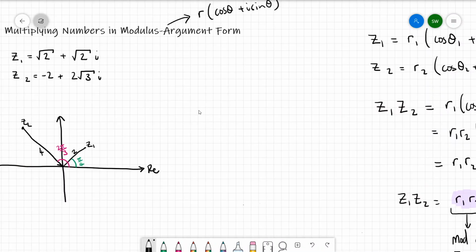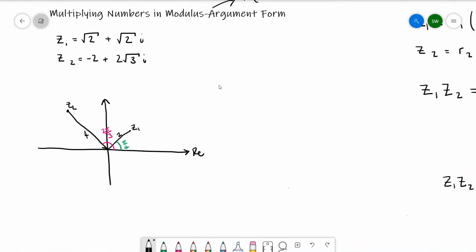So let's look at this specific example. I said that there was another method of timesing these two complex numbers together, and that method is going to be to write them in modulus argument form. Well, I've already worked that out. I know that z1 has modulus 2 and argument pi over 4.